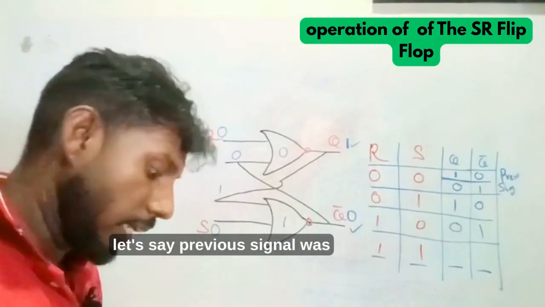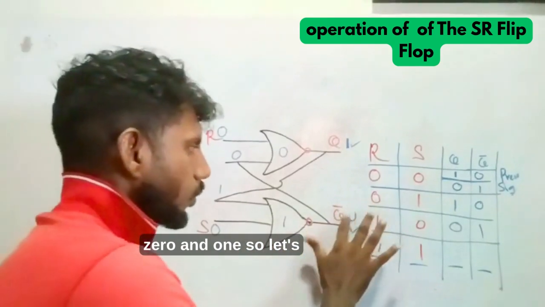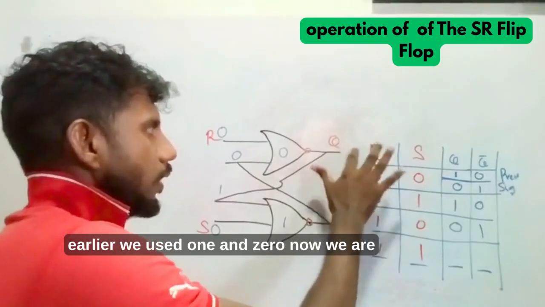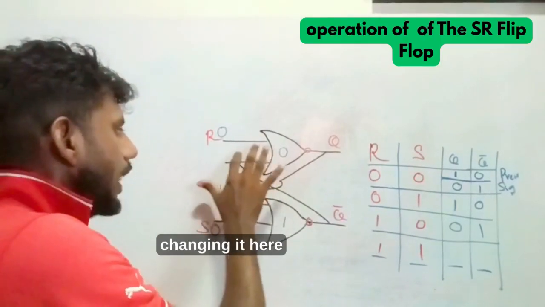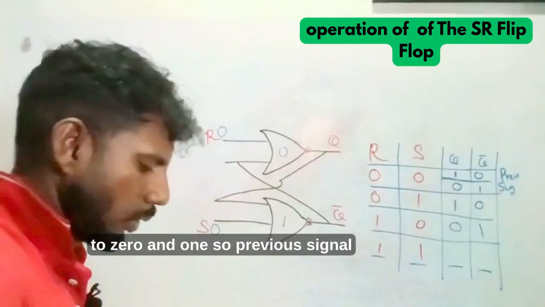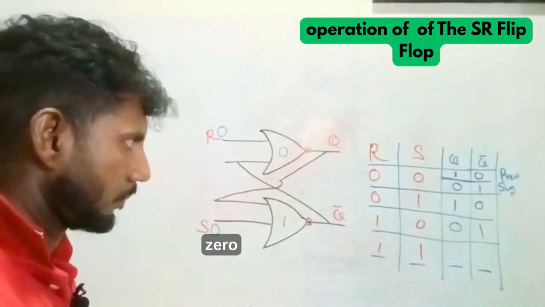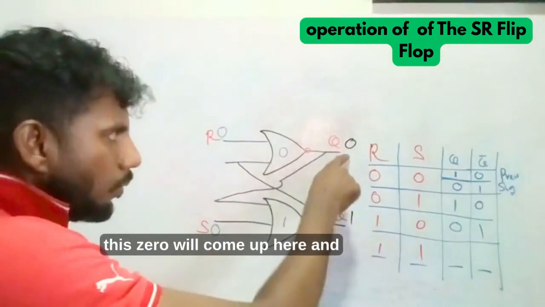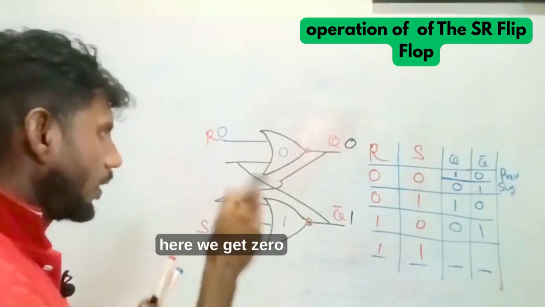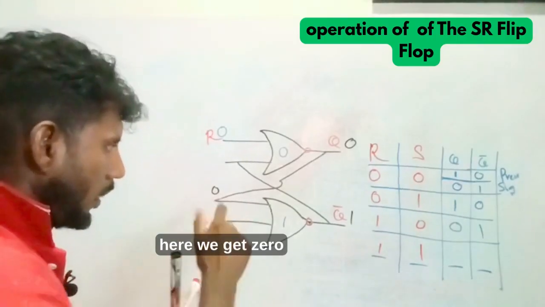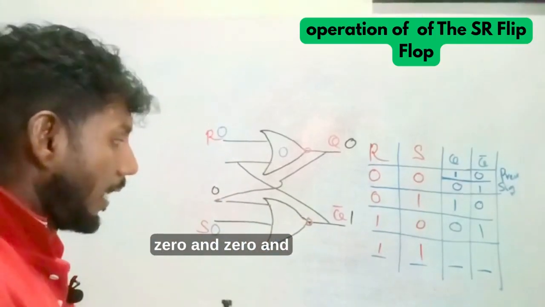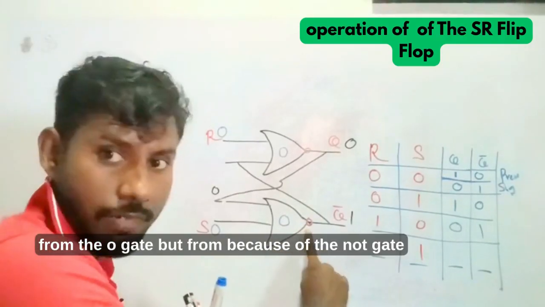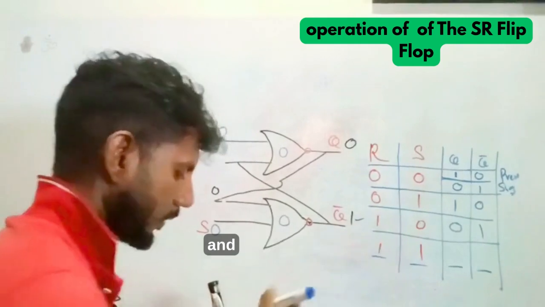Let's say the previous signal was 0 and 1. So let's remove this one. Earlier we used 1 and 0. Now we are changing it here to 0 and 1. So the previous signal 0 will come up here, and here we get 0. 0 and 0 will be 0 from the OR gate, but because of the NOT gate, it will convert to 1, correct.